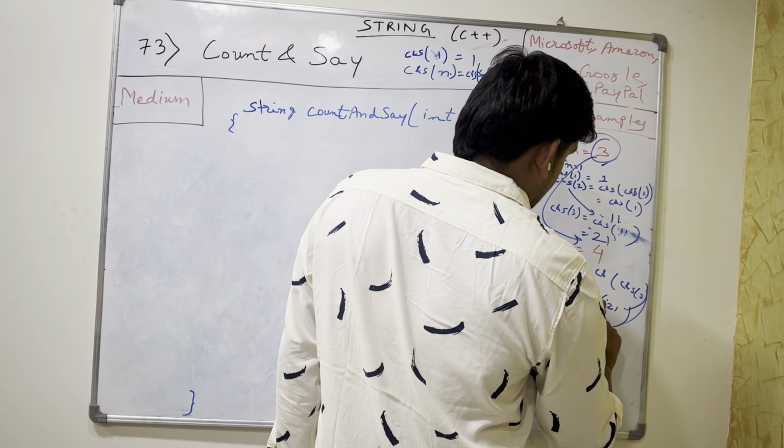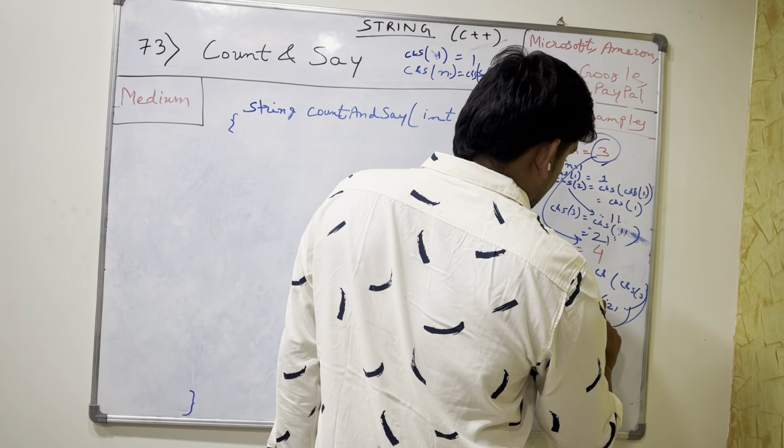So what this tells, it's given in the question that count and say of 1 is actually 1. When 1 is given, you need to return 1.